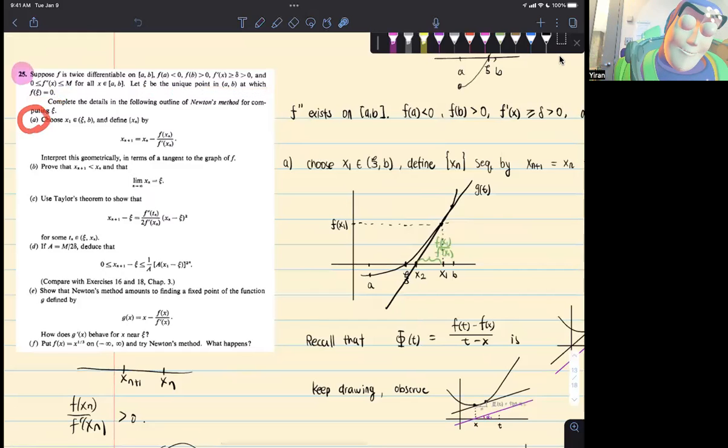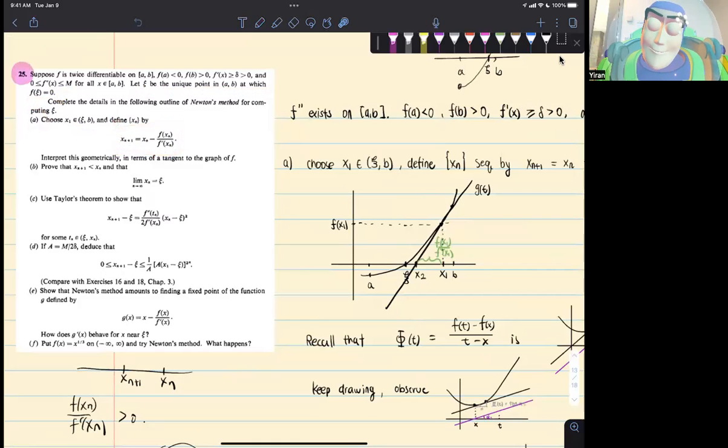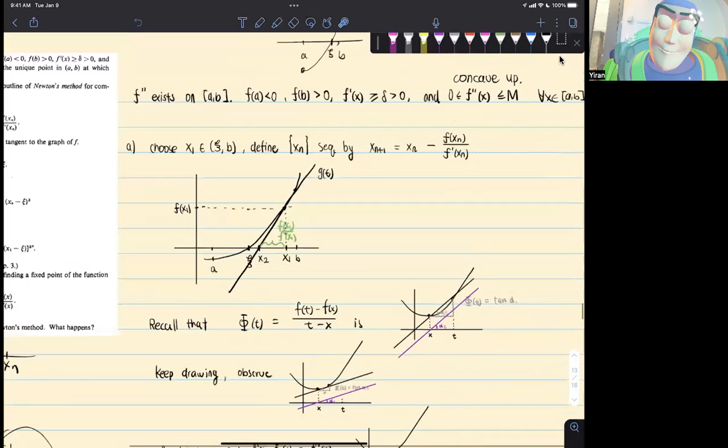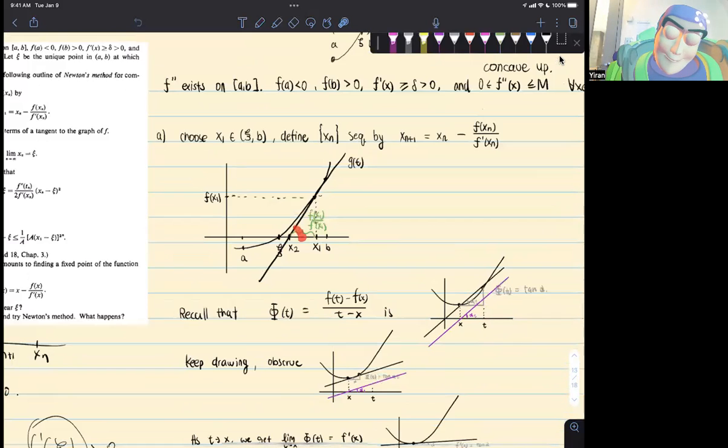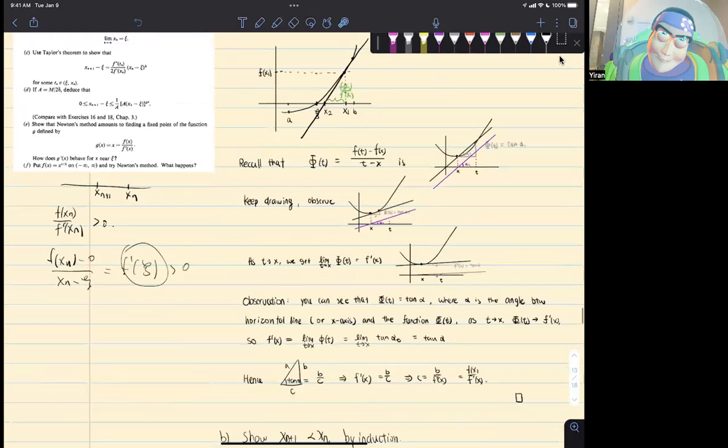And we want to show, first of all, choose x1 in this interval, and we want to interpret it geometrically. So once you draw the graph, it becomes pretty easy to understand. So notice that this angle, right? The tangent of this alpha is equal to this divided by this, right?